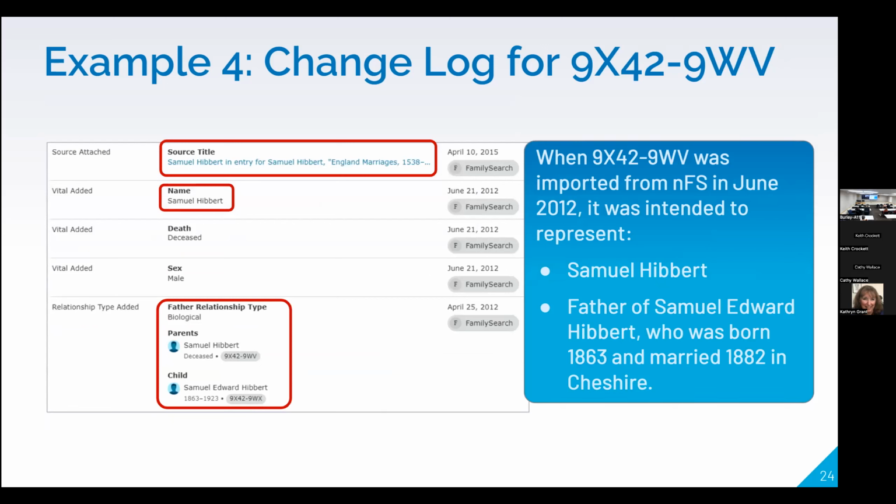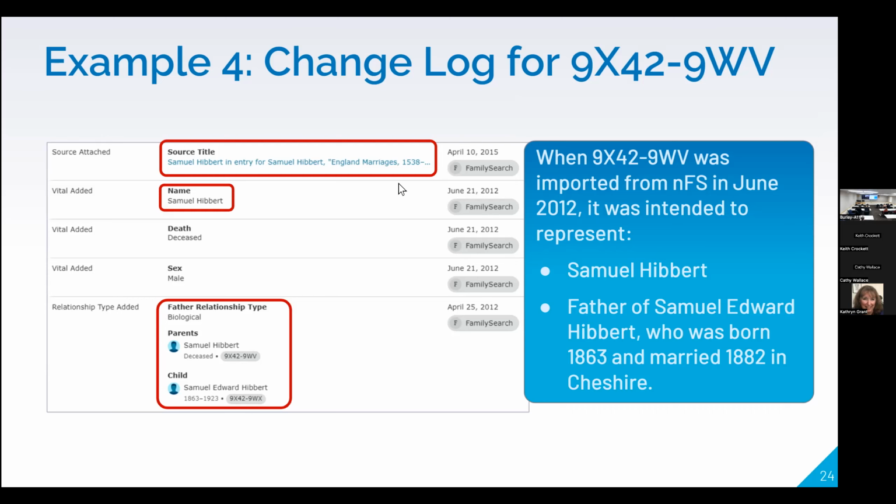Now let's look at the other changelog, and it's actually quite a bit less complete. We look here and we see that our guy, 9WV, is the dad of this guy, Samuel Edward Hibbert. We've got a name and a sex, but we've got no death date, no other vitals such as a birth, birthplace, anything else. We don't even have a spouse.